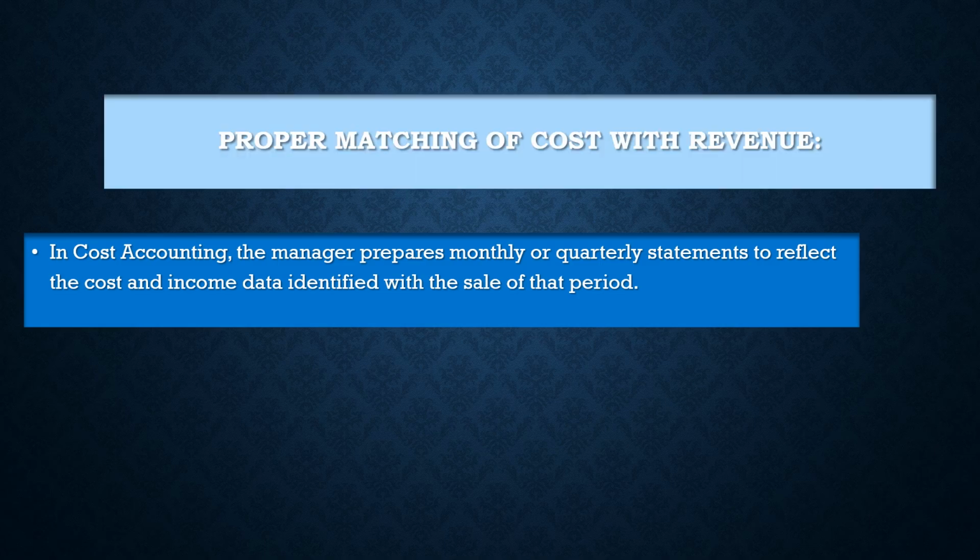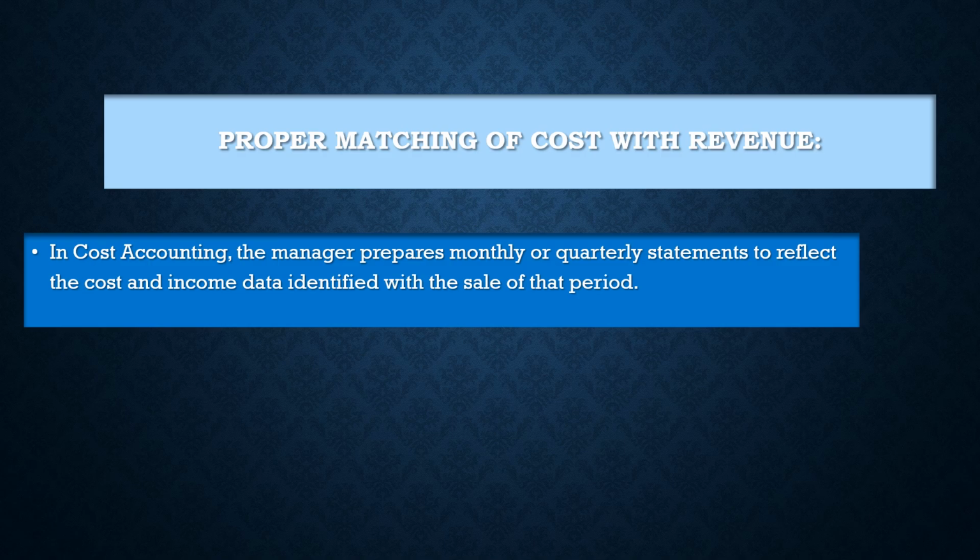Next, a proper matching of cost with revenue. So what is this? In cost accounting, the manager prepares monthly or quarterly statements to reflect cost and income data identified with the sale of that period. So the accountant or clerk may prepare monthly or quarterly statements.